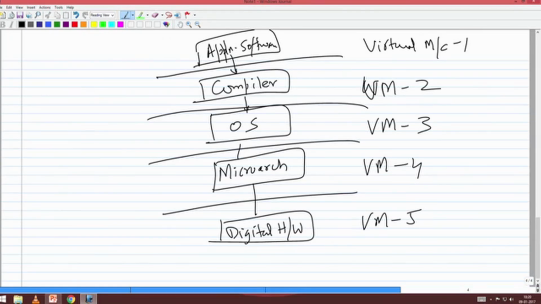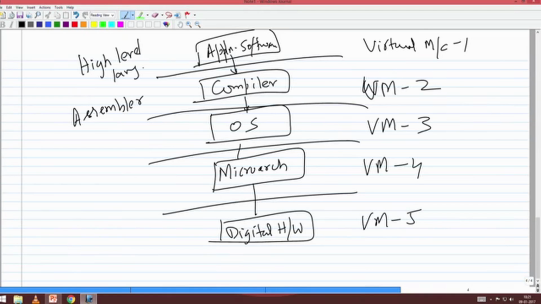For example, the application software is basically written in a high level language like C, C++, Java. Then there is an assembler which actually converts this high level language into a language that is understandable by the hardware.